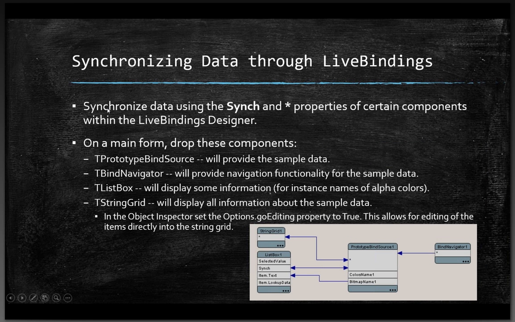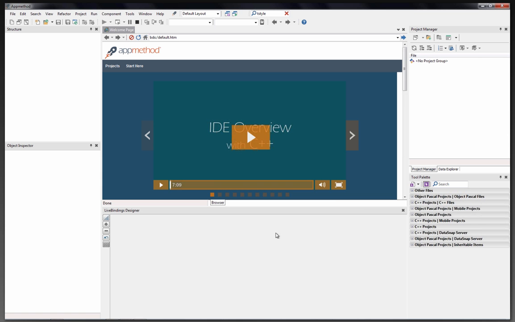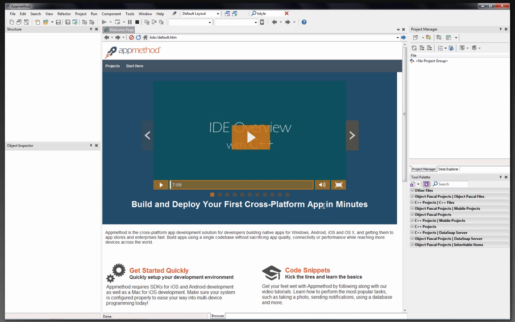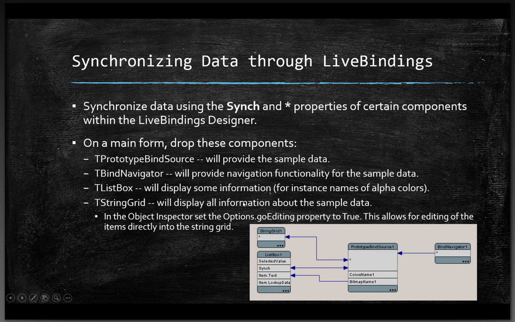And as you saw, I just connected the sync in the list view to the star of the data source, the asterisk, and then we get the data working as I use the navigator, as I maybe did a gesture to move through and select different items from a list box or a list view. So you have those possibilities.